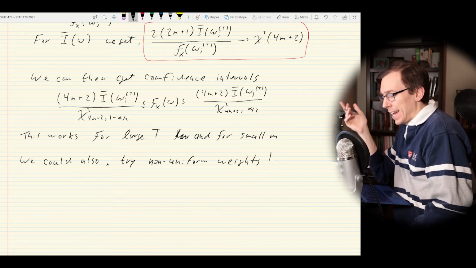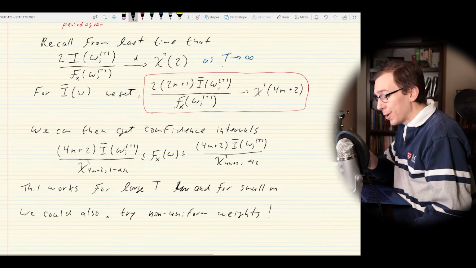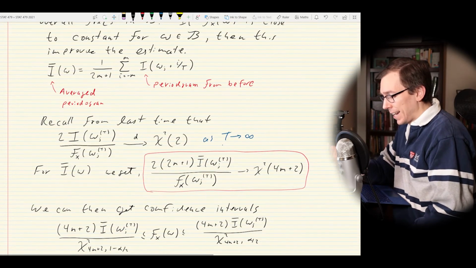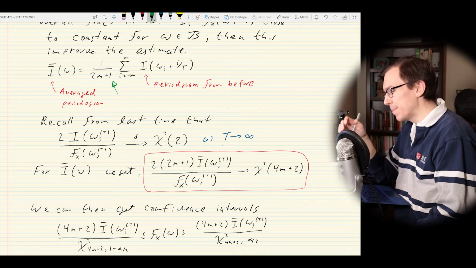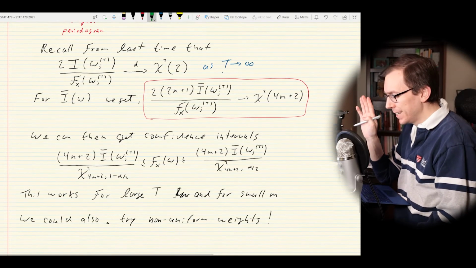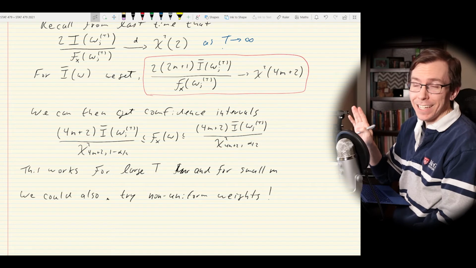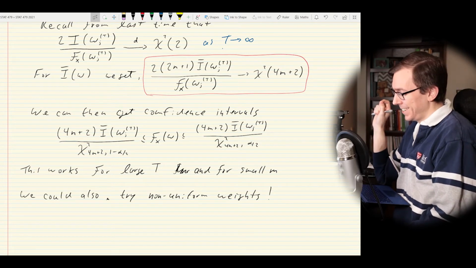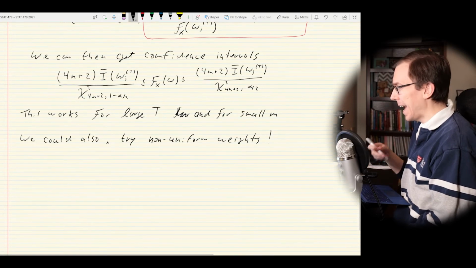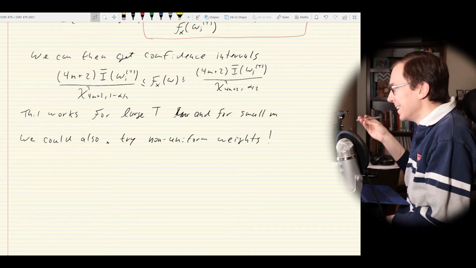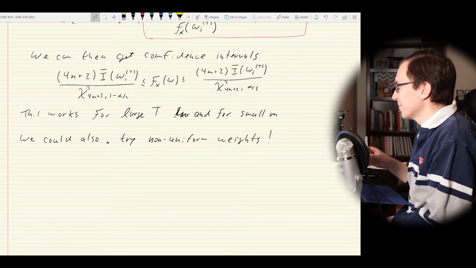What that means is that in the equation up above, I was averaging all of these periodograms together, and I gave them all the same weight, which is 1 over 2m plus 1. But what I could do is add weights in there, and give them different weights for averaging. So what would that look like?